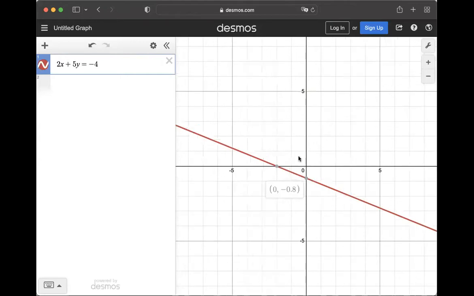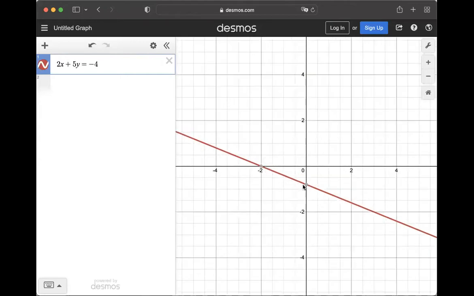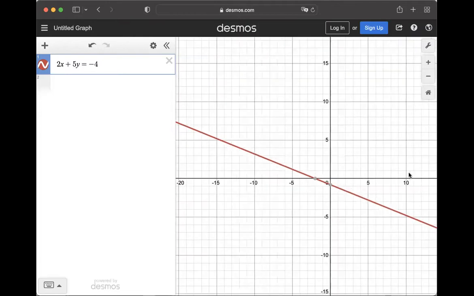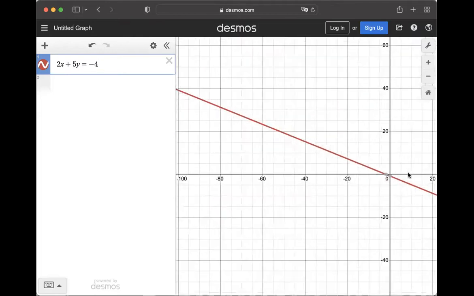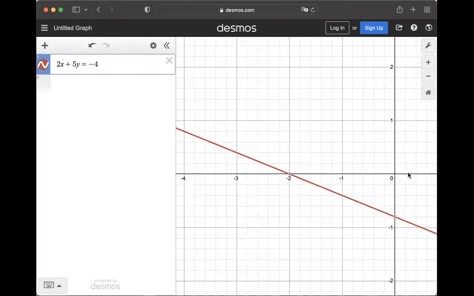You just put that into Desmos, and it gives you a line, because every point on this line, and there are an infinite number of points, is true for that equation. So that point (-2, 0) is true for 2x + 5y = -4. First of all, 2x + 5y = -4 is this giant line that goes on forever in both directions.